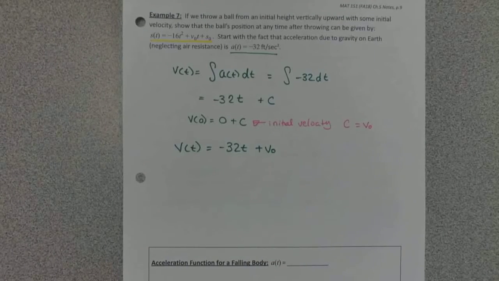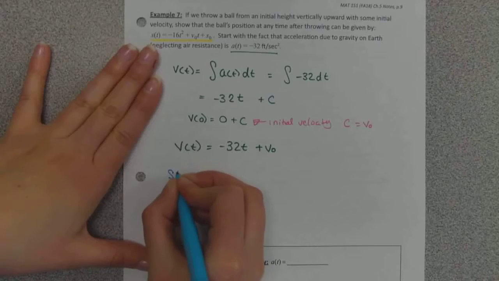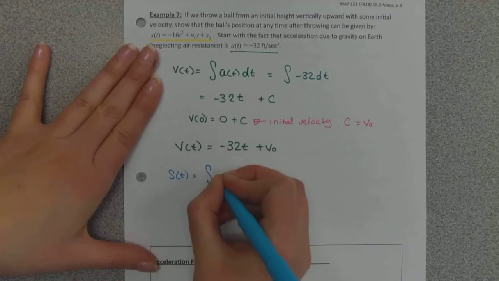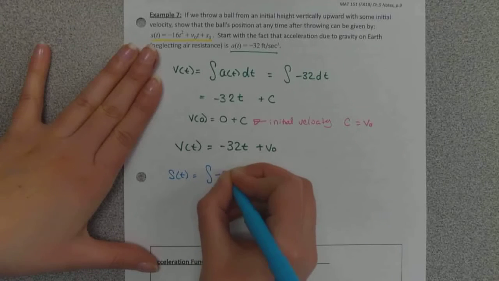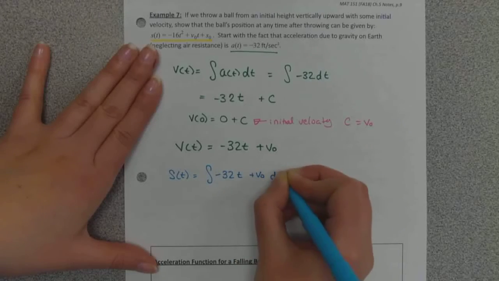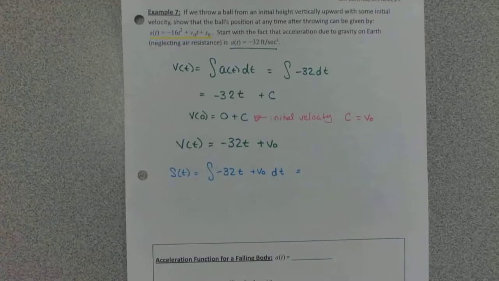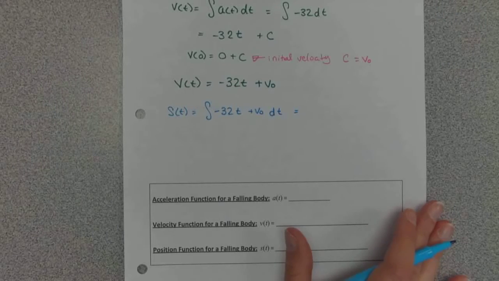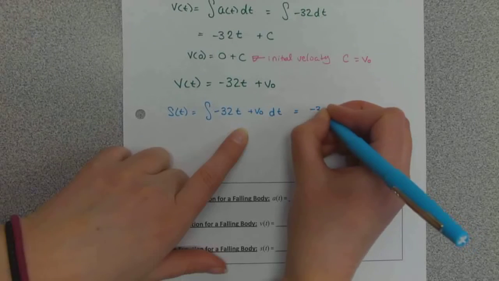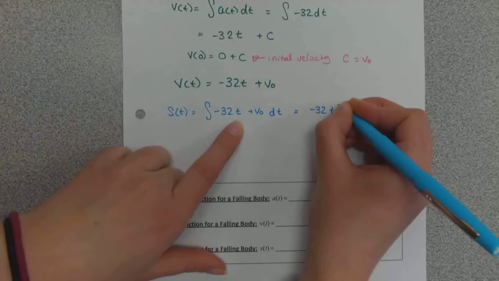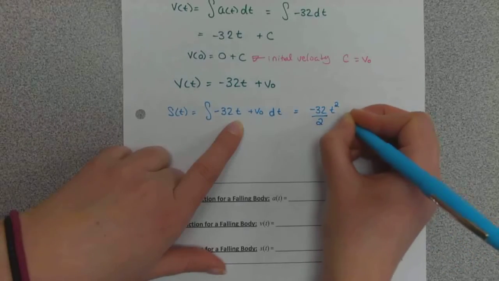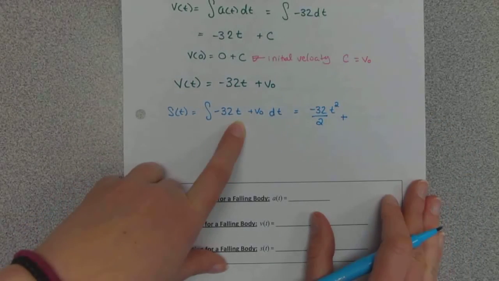Okay, what we're looking for is a position function. So I know that position is the antiderivative of velocity. So if I take negative 32t plus v naught and integrate it with respect to t, the antiderivative of negative 32t is negative 32 t, add 1 to the power, t to the 2, divided by 2, negative 16t squared, yep.